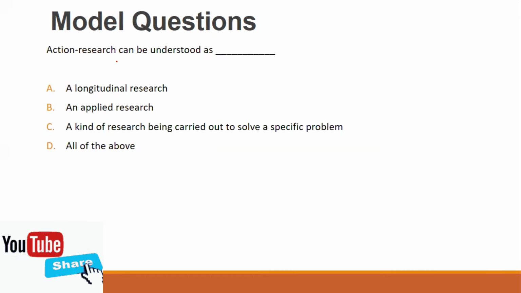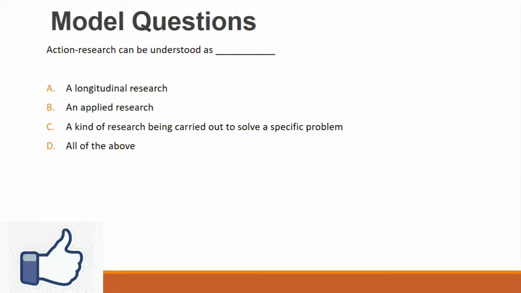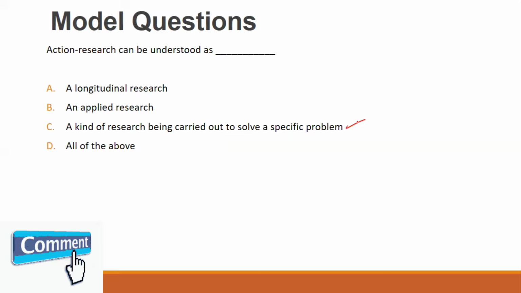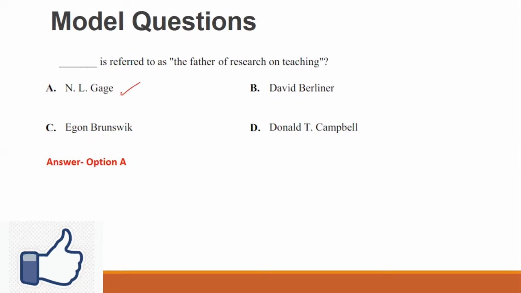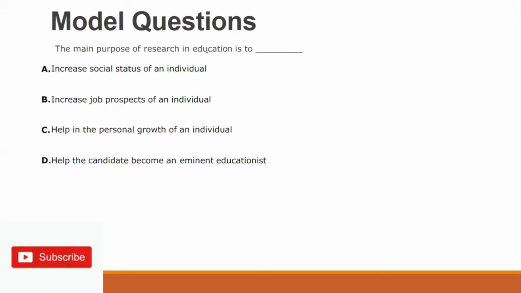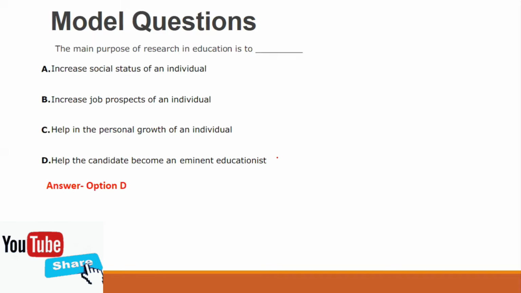Then action research can be understood as a kind of research being carried out to solve a specific problem. Then Dash is referred to as the father of research on teaching. The answer is N.L. Gage. Then the main purpose of research in education is to, the answer is help the candidate become an eminent educationist.